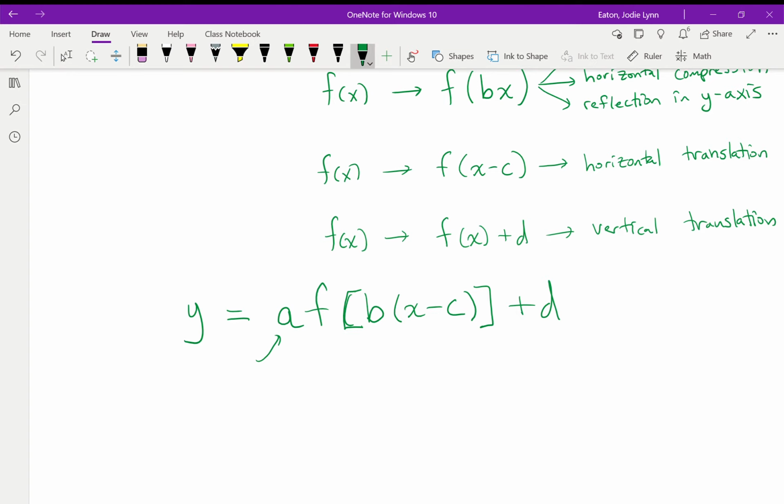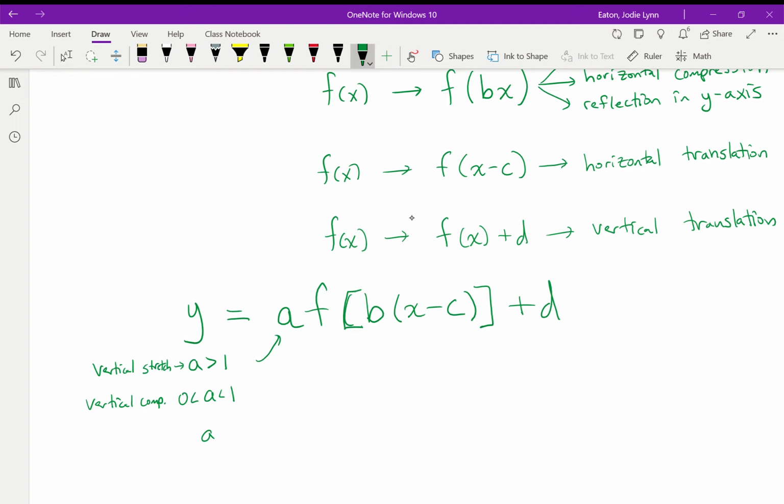I will be checking. Okay, so here, this value of a, if a is greater than 1, so if we have a positive number that's bigger than 1, we have a vertical expansion or a stretch. If we have a between 0 and 1, then we have a vertical compression.